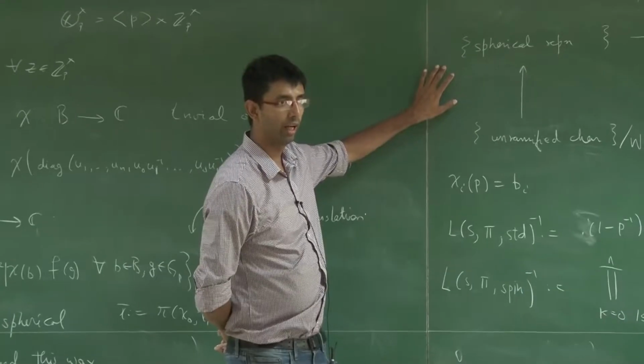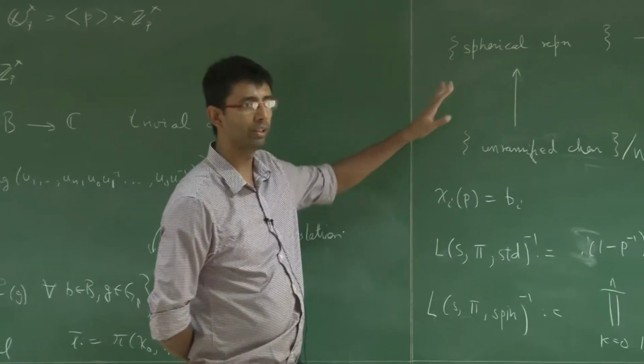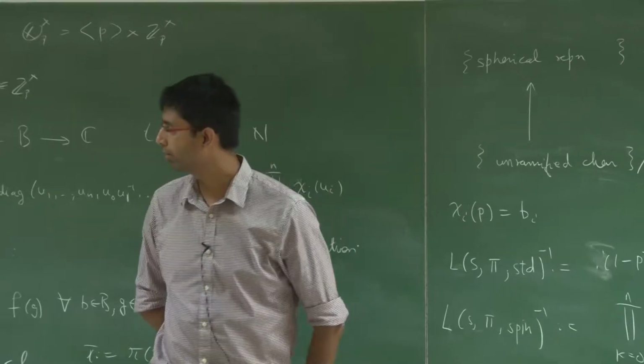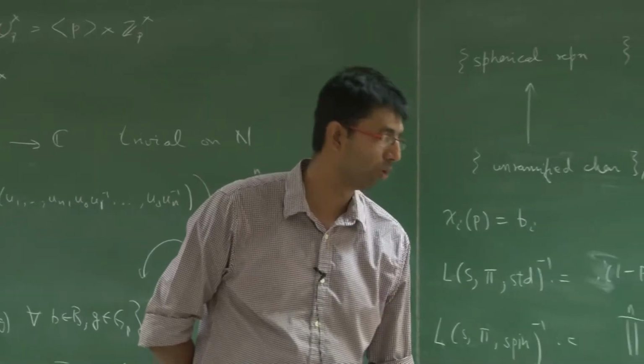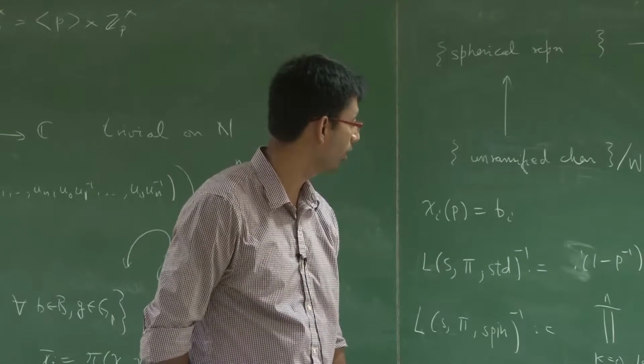Are these notions defined for the non-quasi-split case? These L-functions? When you don't have a hyperspecial point, then how do you? Yes, very good question. We defined this only for spherical representations, and if you don't have a vector which is invariant under this, one generally does not know how to define these local L-factors.